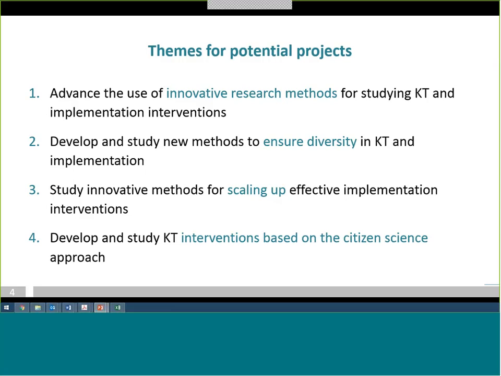Through a lot of discussion over about a 6 to 7 month period, the community of KT and implementation science came up with 4 themes for potential projects.